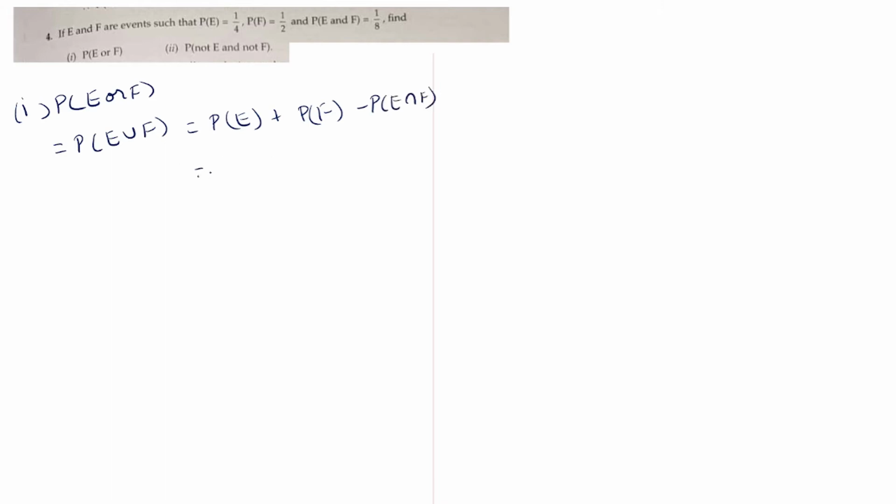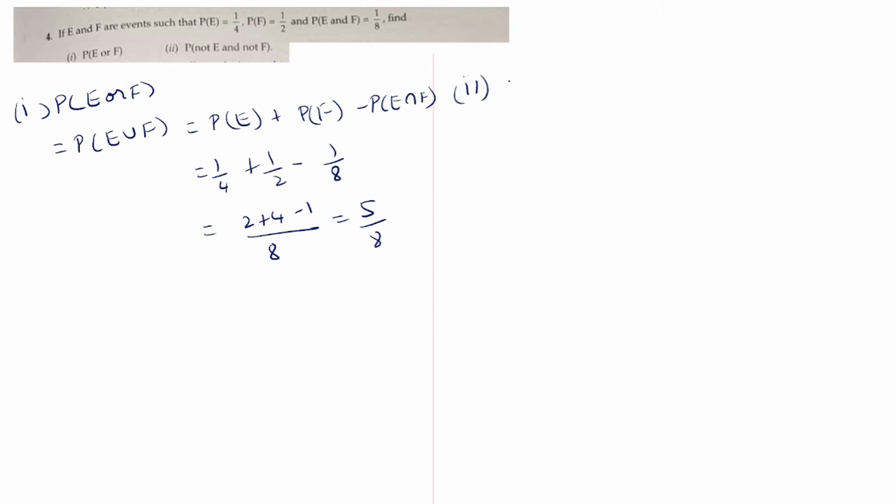Find P of E or F, P of not E and not F. So the first subdivision, P of E or F, is equal to P of E union F. Now we know using the addition theorem on probability, this is equal to P of E plus P of F minus P of E intersection F. So it is 1 by 4 plus 1 by 2 minus 1 by 8. If we take LCM, we will get the answer. So this is equal to 5 by 8.